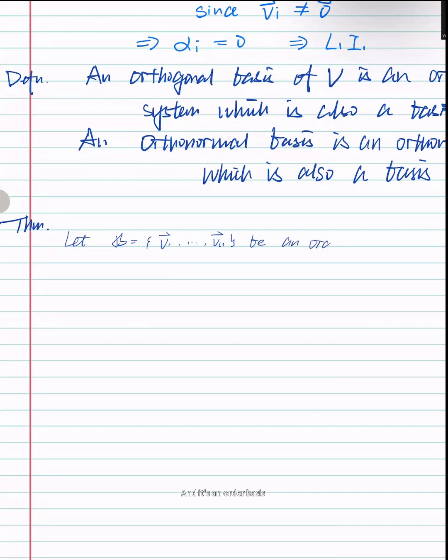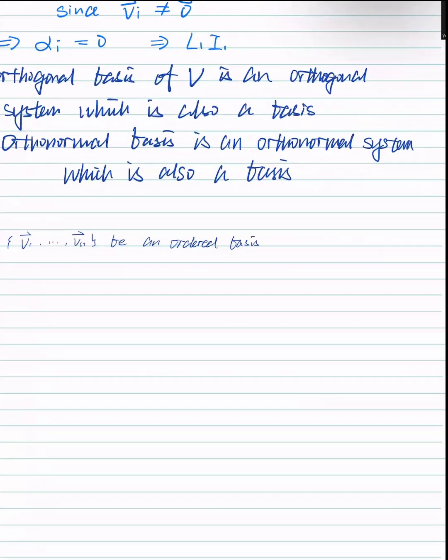Let the basis B be V1 through Vn, an ordered basis of V. For any x belonging to V, this x represented with the basis B is alpha 1 through alpha n.